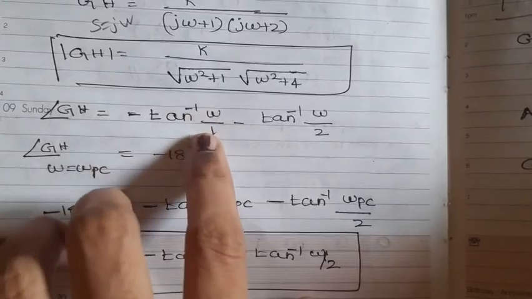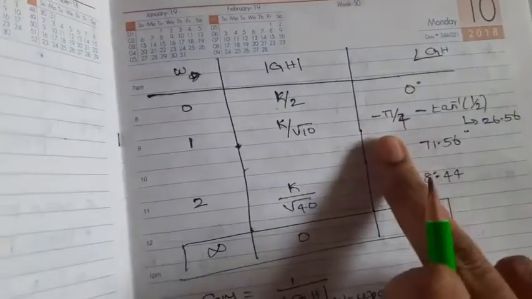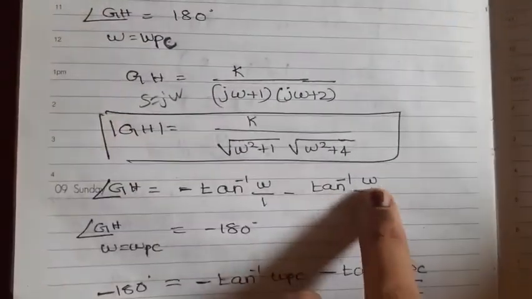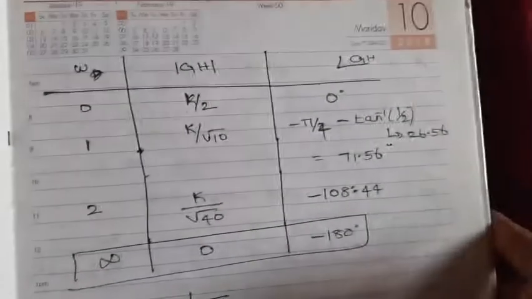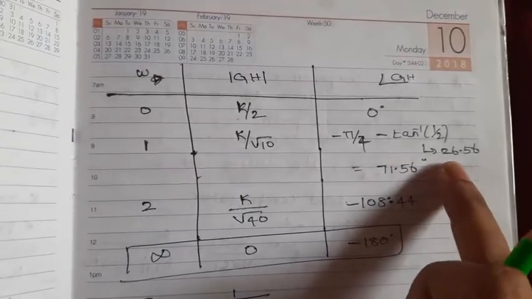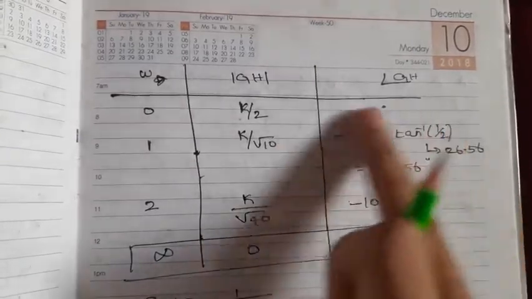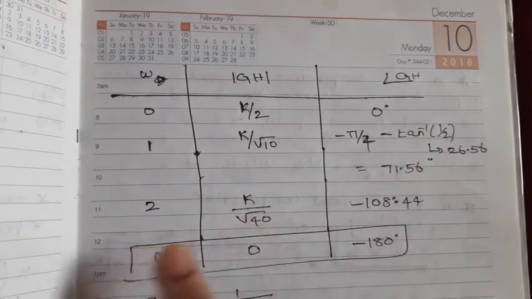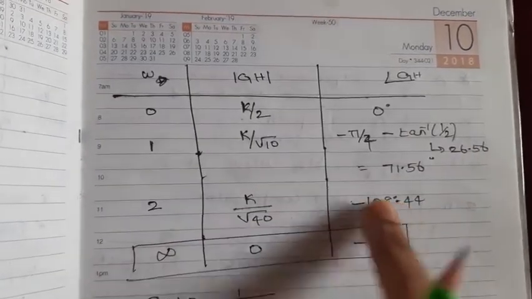Substitute tan inverse of 1, what we will get? Minus pi by 4, right? Again tan inverse of 1 by 2. Tan inverse of 1 by 2 we cannot find without using a calculator. When we substitute we will get 26.56. By simplifying we will get this degree. Okay, then for omega equal to 2, we are getting this value.